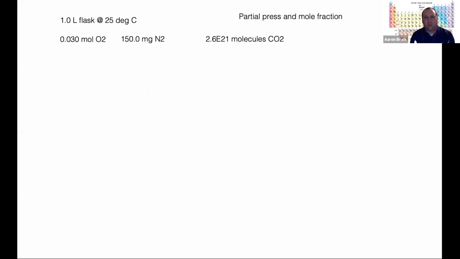Now, figuring out the mole fraction of each is not that difficult. After all, we need to figure out the number of moles of each of these, and then calculate mole fractions using our mole fraction equation. Not too terribly difficult or stressful there. In fact, we could start with our 150 milligrams of nitrogen and convert that into moles.